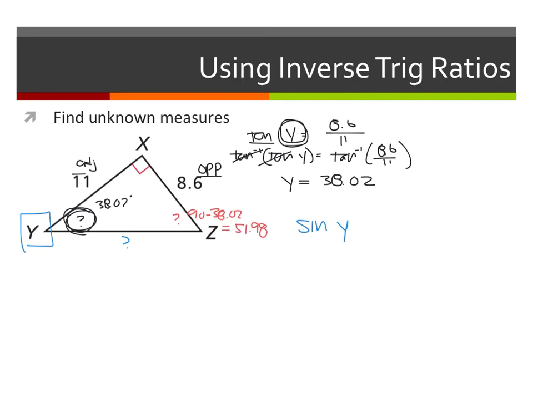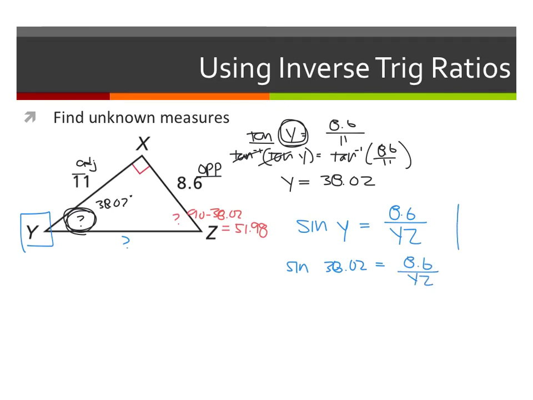Sine of y will be comparing the opposite, which in this case is 8.6, over yz. We know what y is. Sine of 38.02 equals 8.6 over yz.